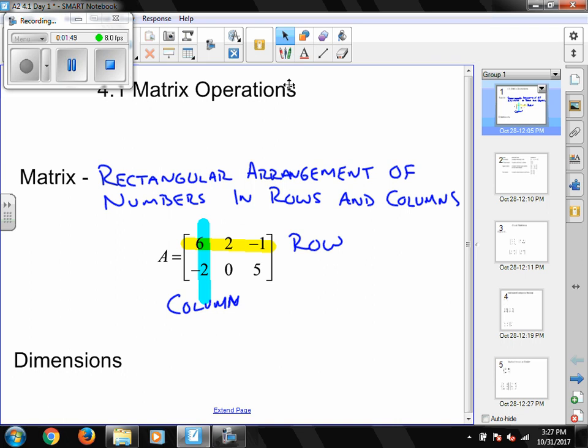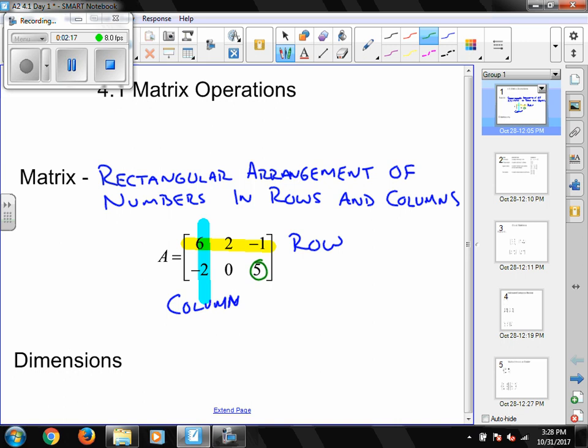So the way I keep these straight, I always think of columns on a house. They go up and down right in front of them. So if you ever see a building with columns, those are going up and down. So columns have to go up and down. Row, as you row across a lake or a pond, whatever, you're going from one side to the other. So rows will run side to side.